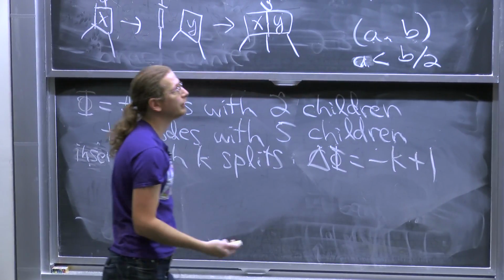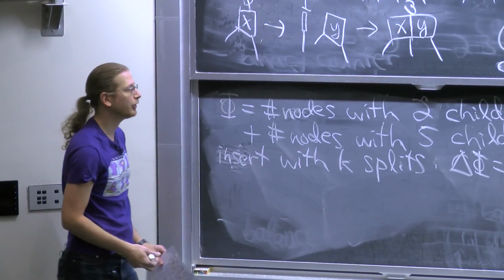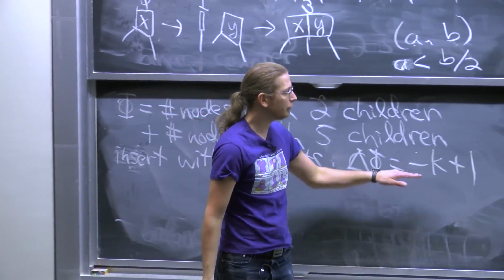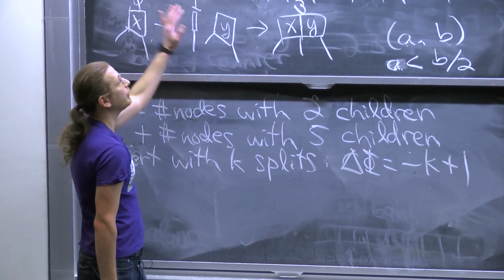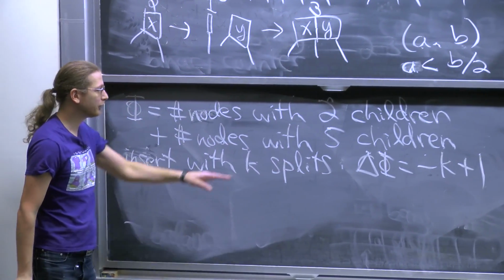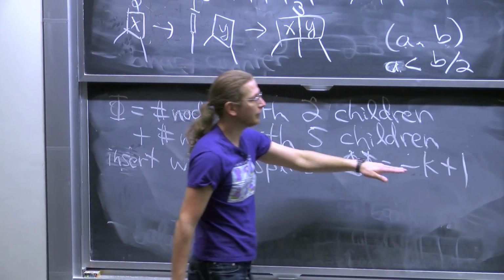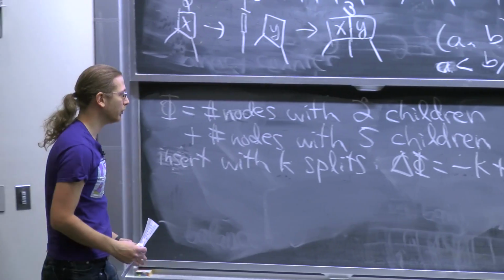Again, we might make a single 5-child node at the top when we stop splitting. But every time we split, we've taken a 5 node and destroyed it, left it with 2, 3 nodes. So that decreases by k. And so this k cost gets canceled out by this negative k in the change in potential. So the amortized cost is 1, just like before.